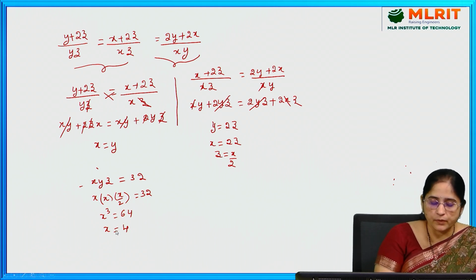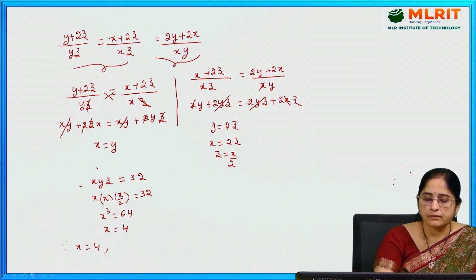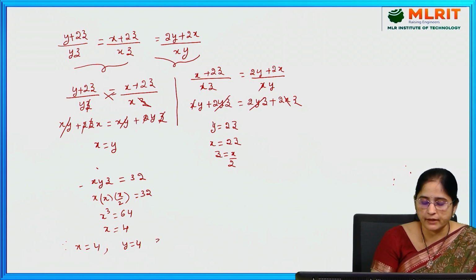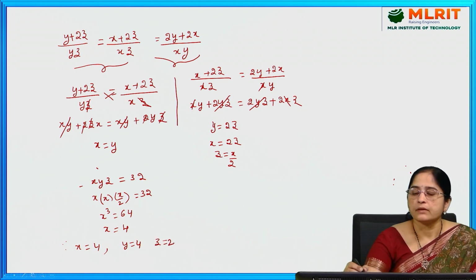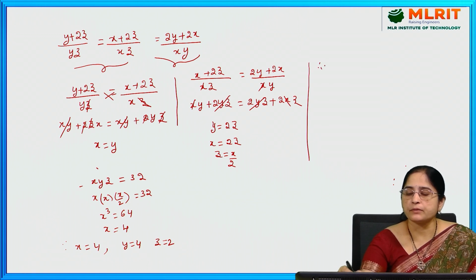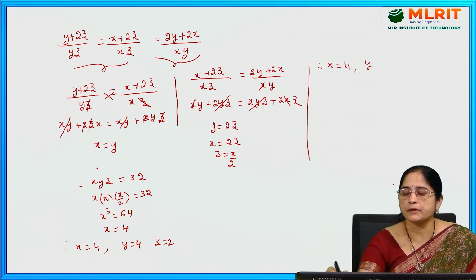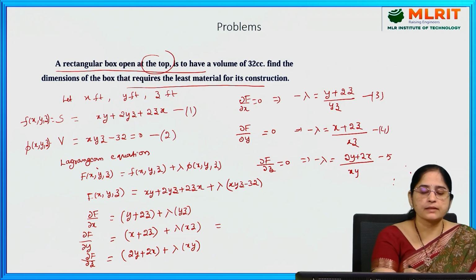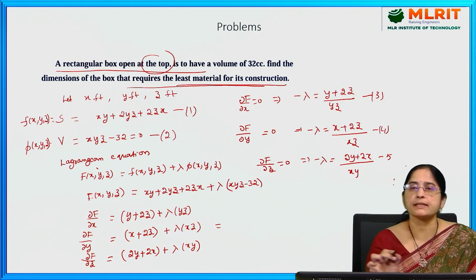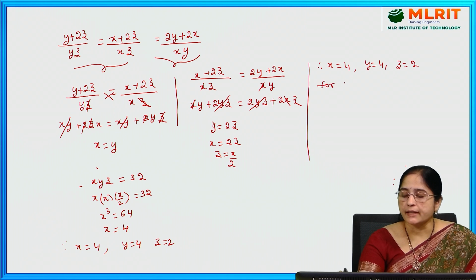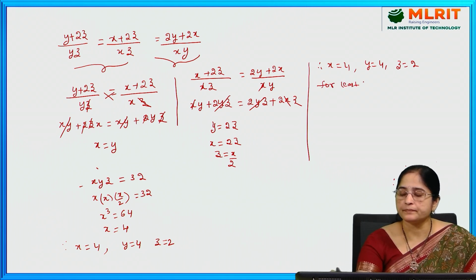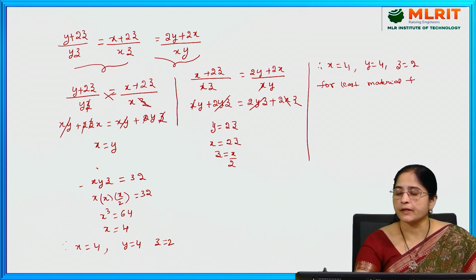Then y equals 4, and z is 4 by 2, so z equals 2. Therefore, x equals 4, y equals 4, z equals 2. This is the box that requires the least material for its construction.